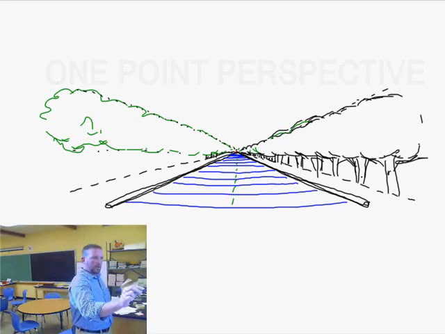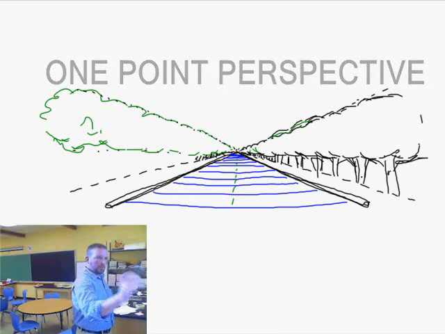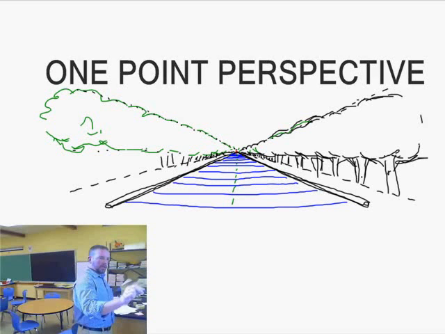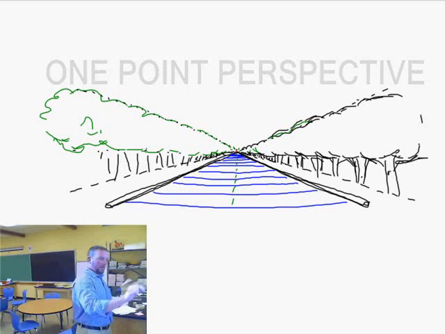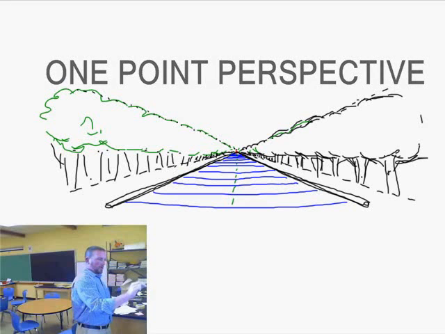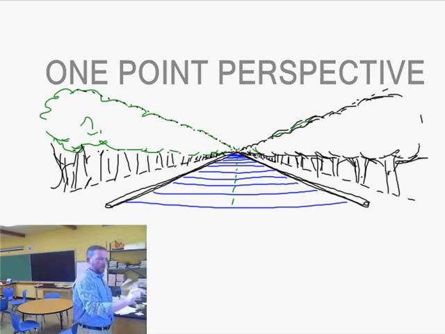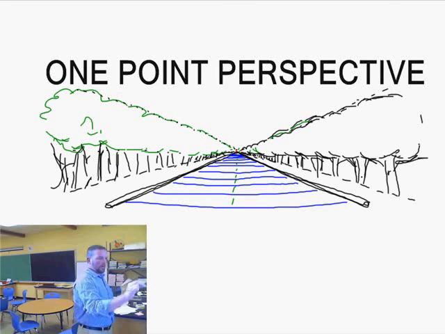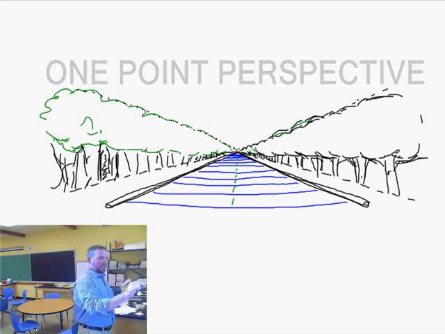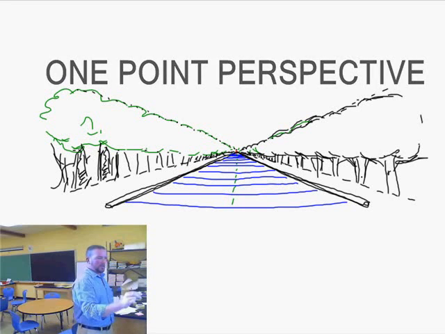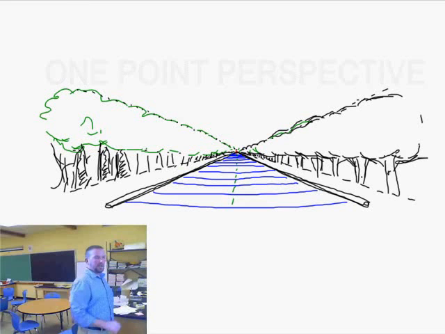And on this side as well, all jumbled up towards the vanishing point, and as it comes out towards me, they spread apart. We'll say this is the space in between the trees that I'm shading in.